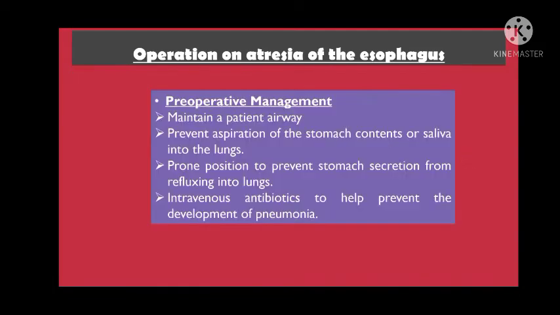Operation on atresia of the esophagus. Preoperative management: maintain a patent airway, prevent aspiration of stomach content or saliva into the lungs, prone position to prevent the stomach secretion from refluxing into the lungs, and intravenous antibiotics to help prevent the development of pneumonia.